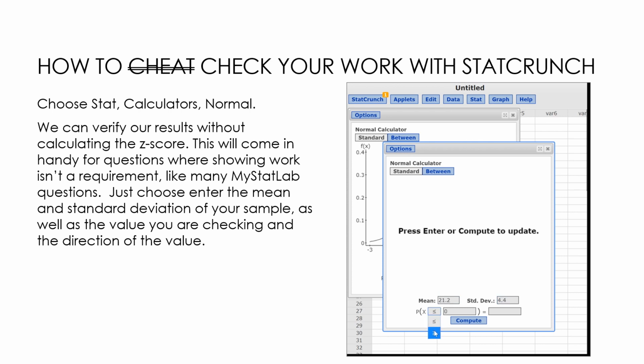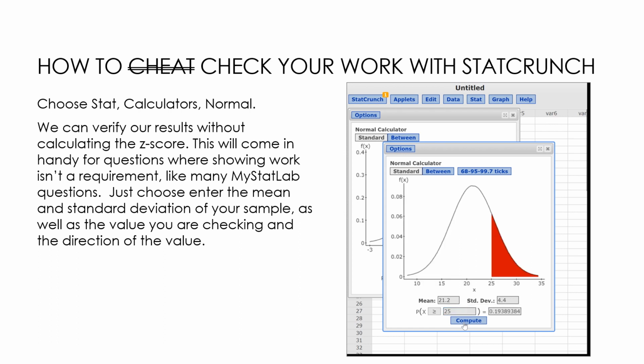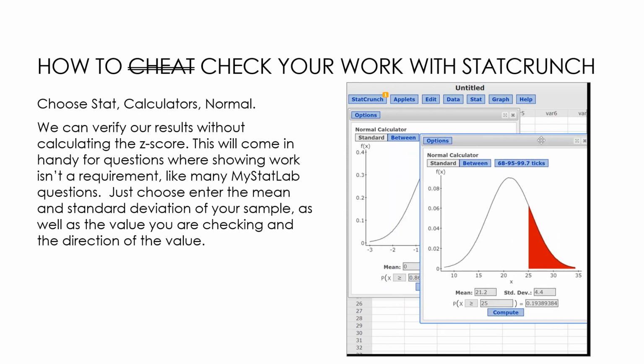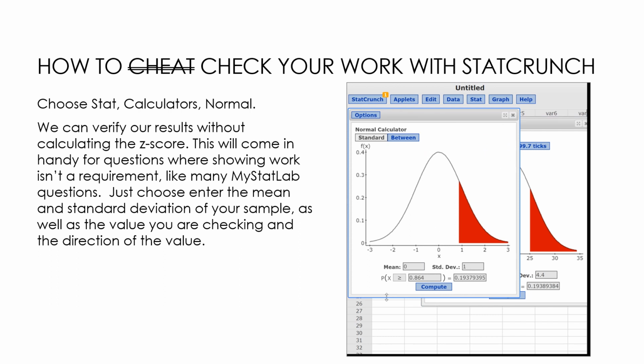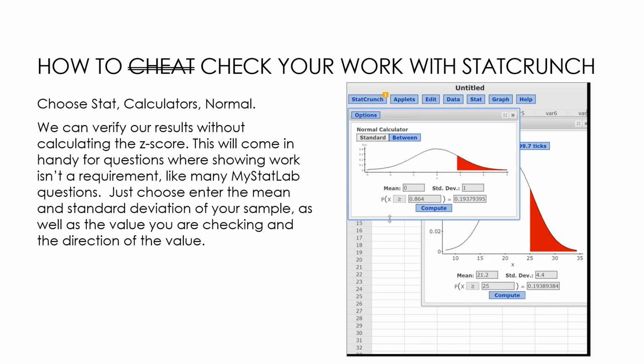And again, I'm looking for scores that are greater than 25. So notice the difference here is I've used raw score, compute, and if I compare the two, I get 0.1938, etc., and essentially the same thing. So they're really very close.